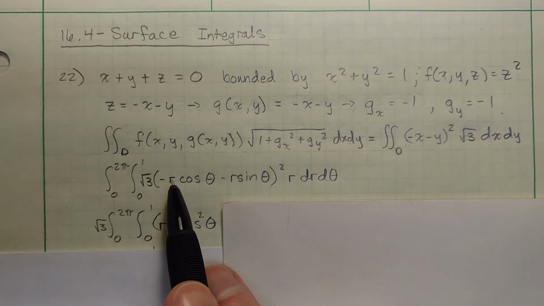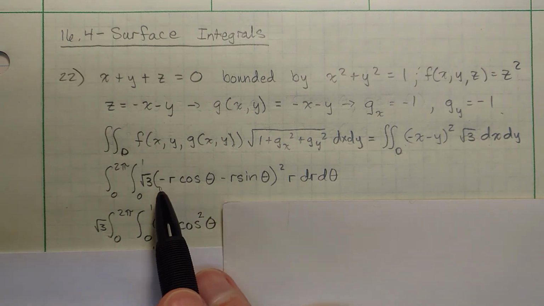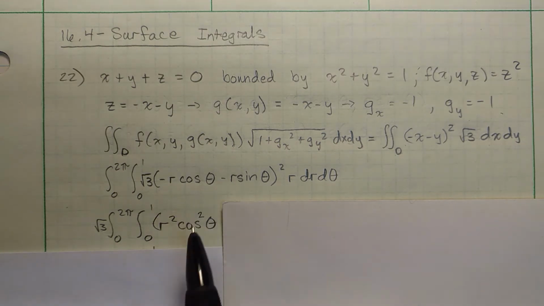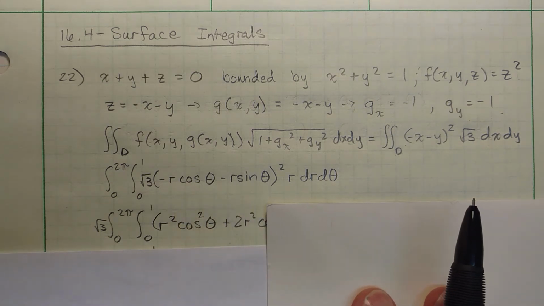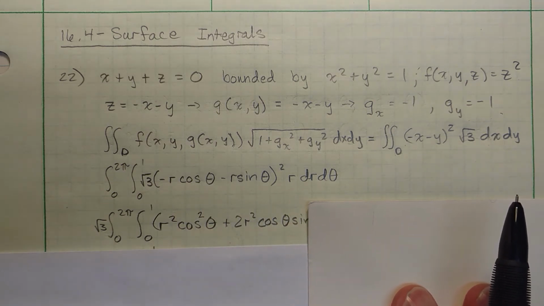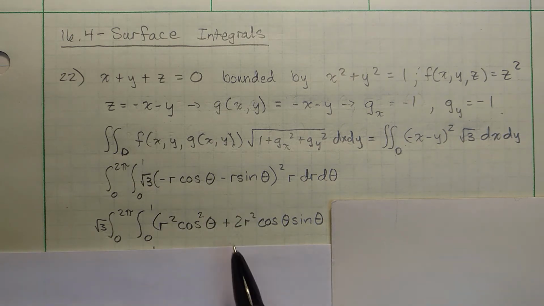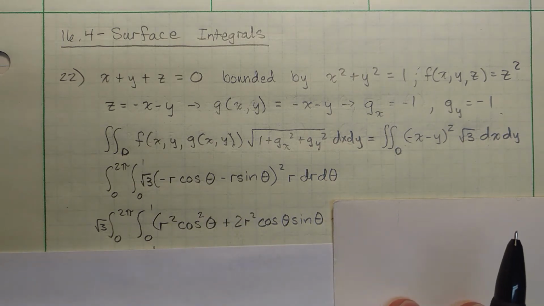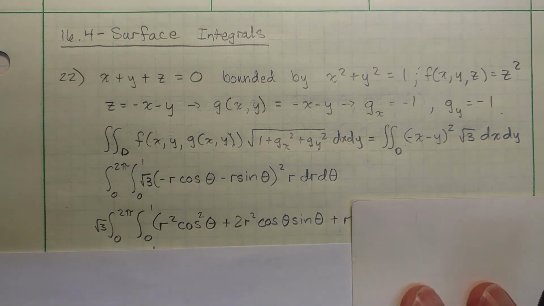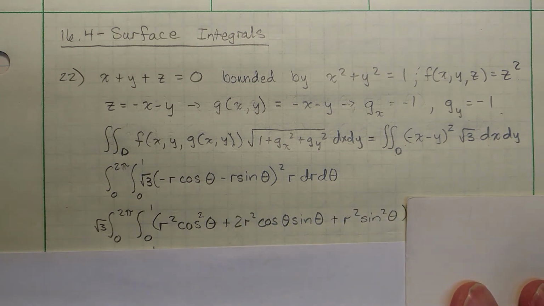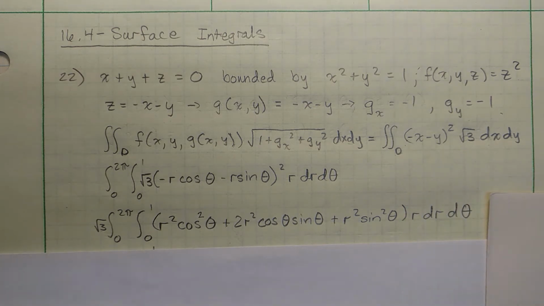And then I've got r cosine theta times r sine theta, so negative times a negative, I've got r squared cosine theta sine theta, but I've got 2 of them because of an inner and an outer, so that's 2 of those r squared cosine theta sine theta. And then finally I've got plus my r squared sine squared theta, and that's r dr d theta.